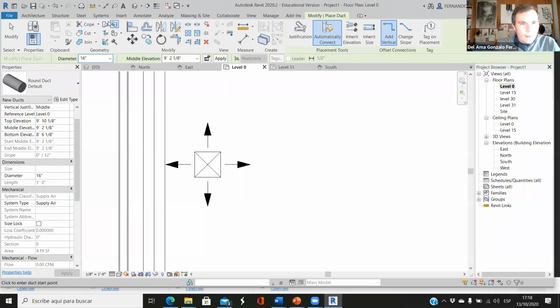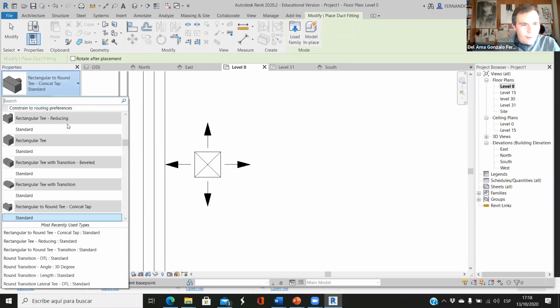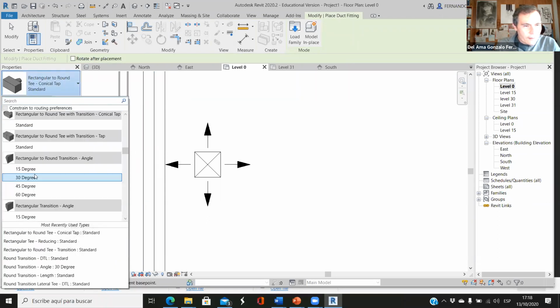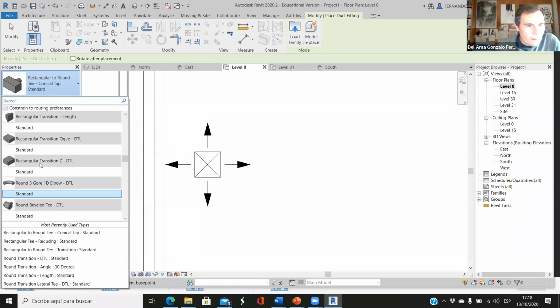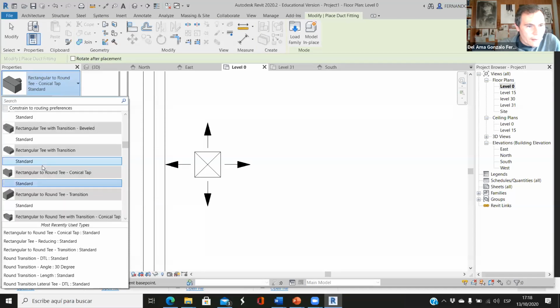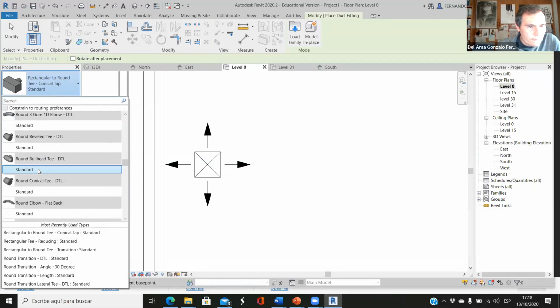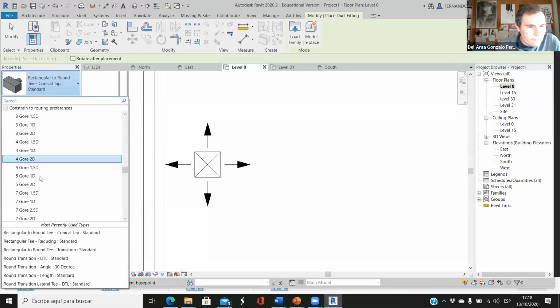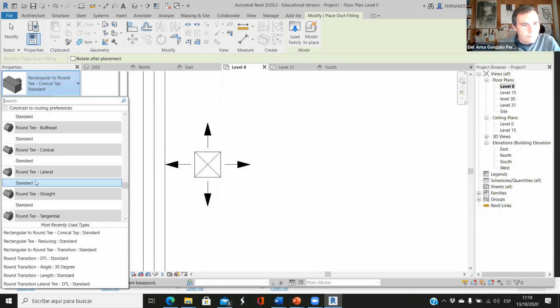So we need to insert a fitting, but not this one. I need a T, but I need a round T. Okay, round T, this one. Round T, straight, standard.